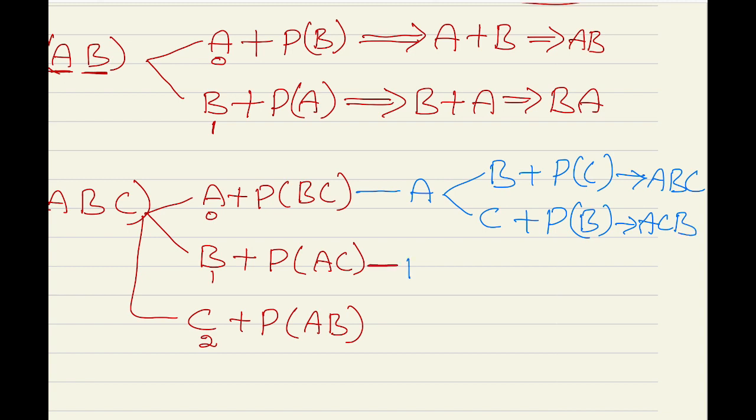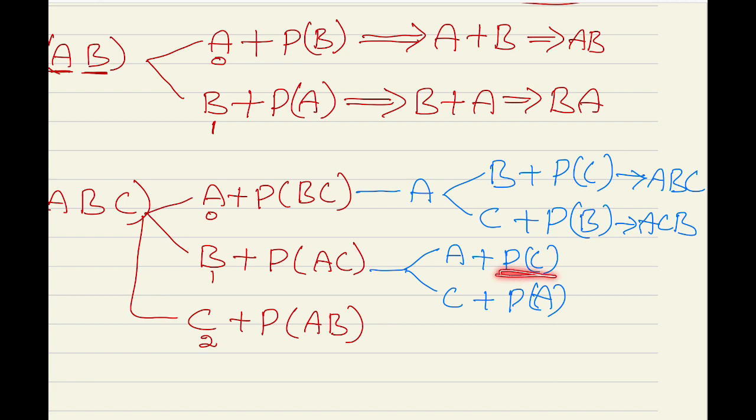So here we are selecting B. Now P of AC, we can select A first, then concatenate P of C, then select C first, concatenate P of A. So two possible options are there for this P of AC.